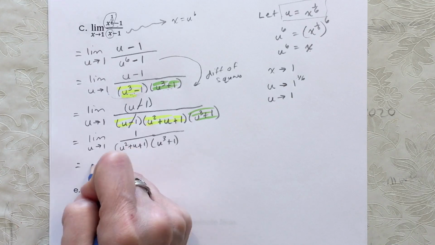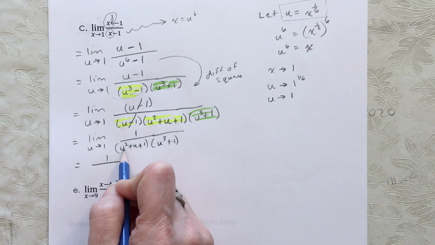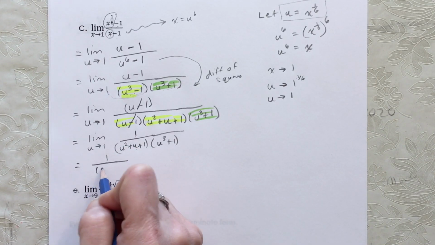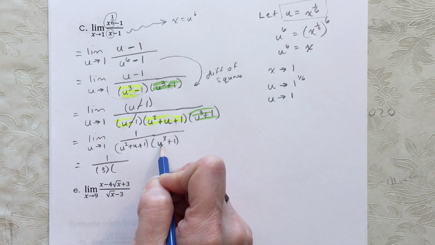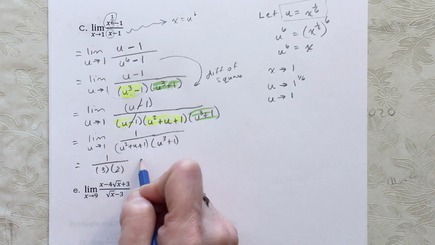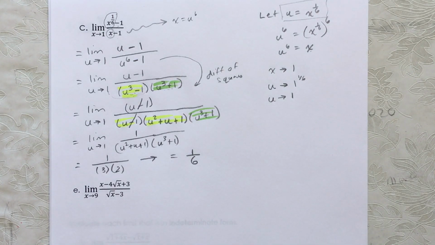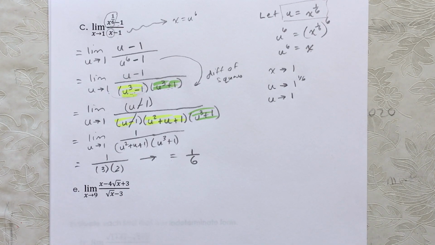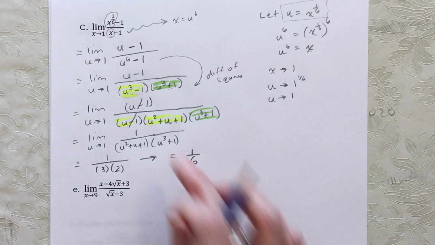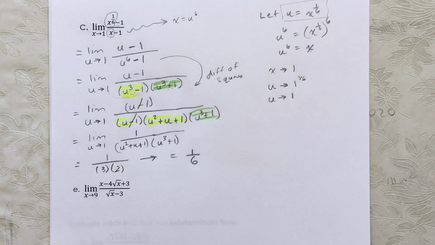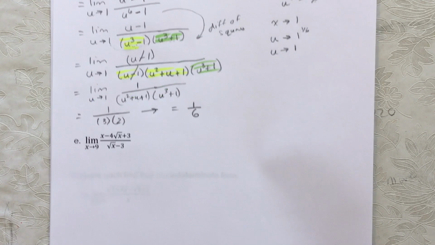So I can go ahead and do that. And here I would have 1 plus 1 plus 1, which is 3. Here I have 1 plus 1, which is 2, which means my limit would turn out to be 1/6. Okay, so again, we used a change of variable to make something complicated into a less complicated limit, although it still takes knowledge to solve it for sure.